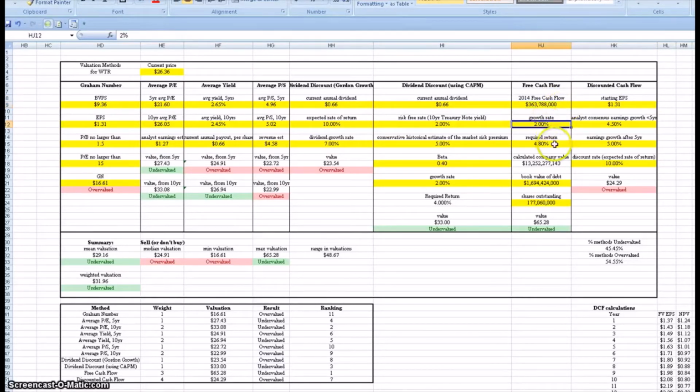You assume a growth rate. You assume just some required return. I'll put that at 4%, whatever. Now let's do 6%. So again, it's just an assumption. This calculates a company value.